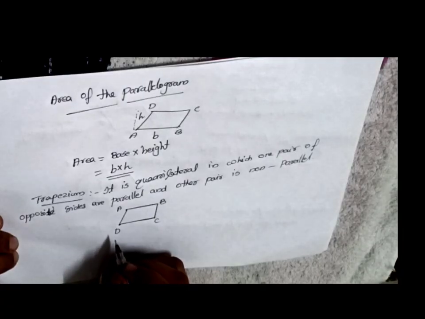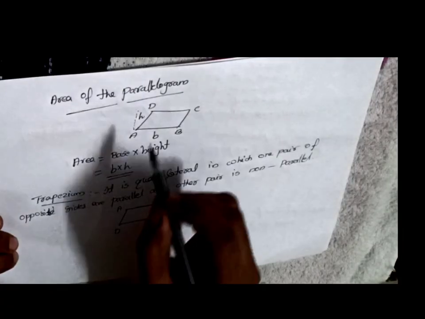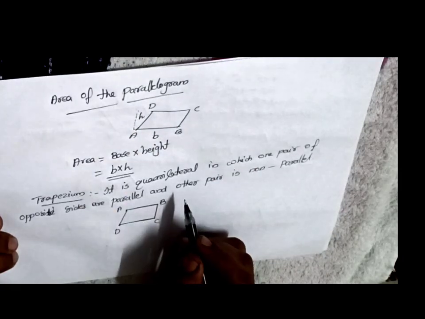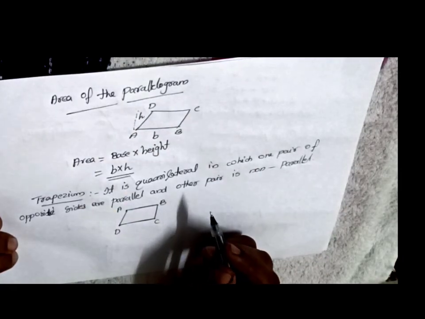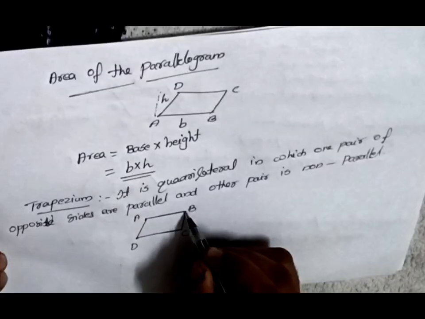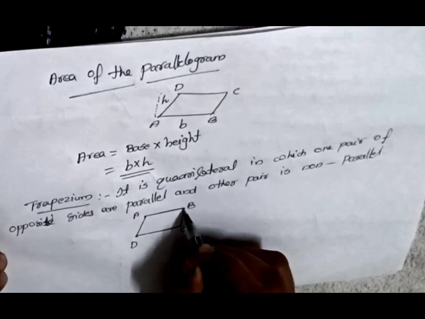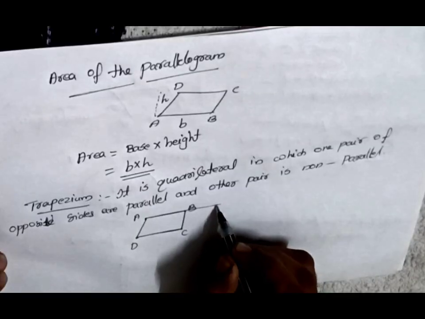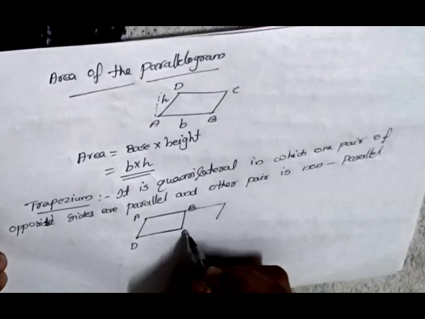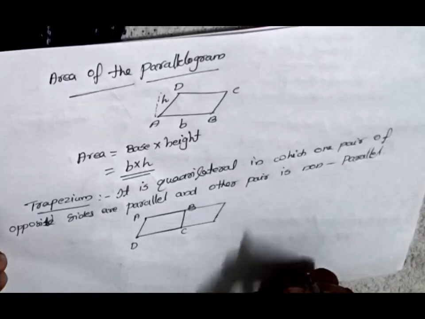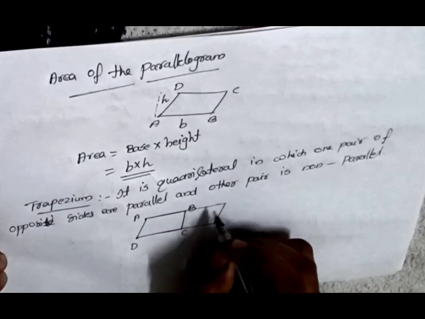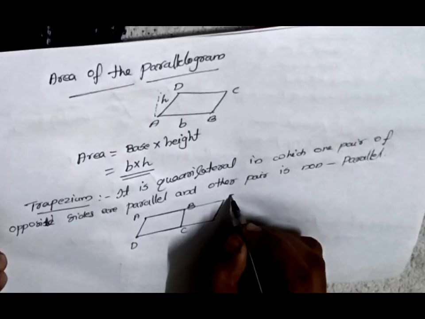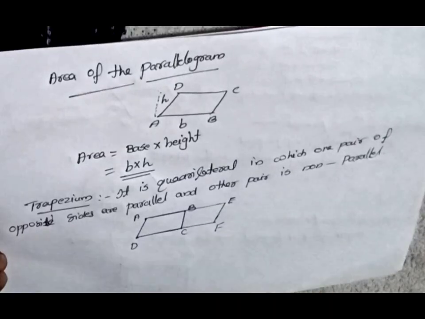Here we know that the area of a parallelogram is base into height. By using this, we have to find out the area of the trapezium. Next, consider another trapezium joined to the given trapezium ABCD. Here we will get a parallelogram named AEFD.